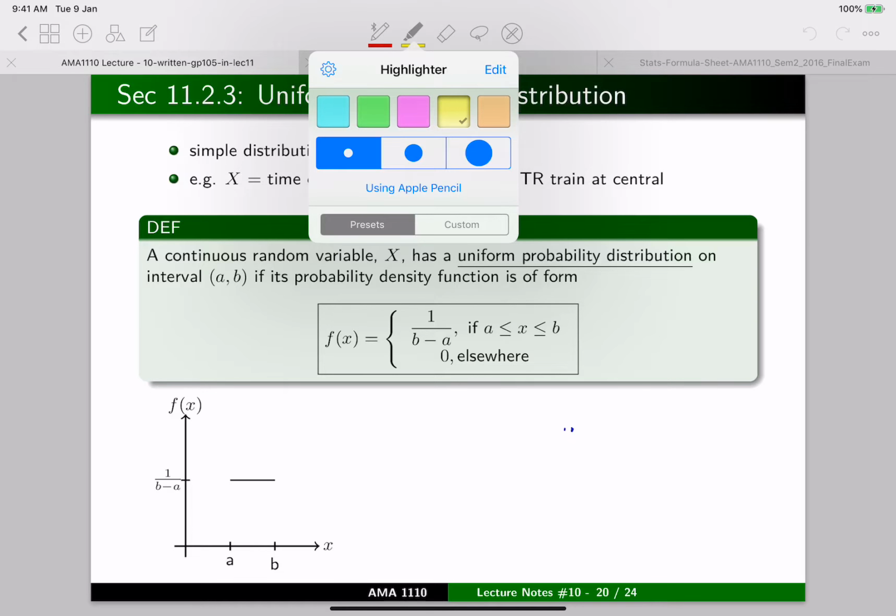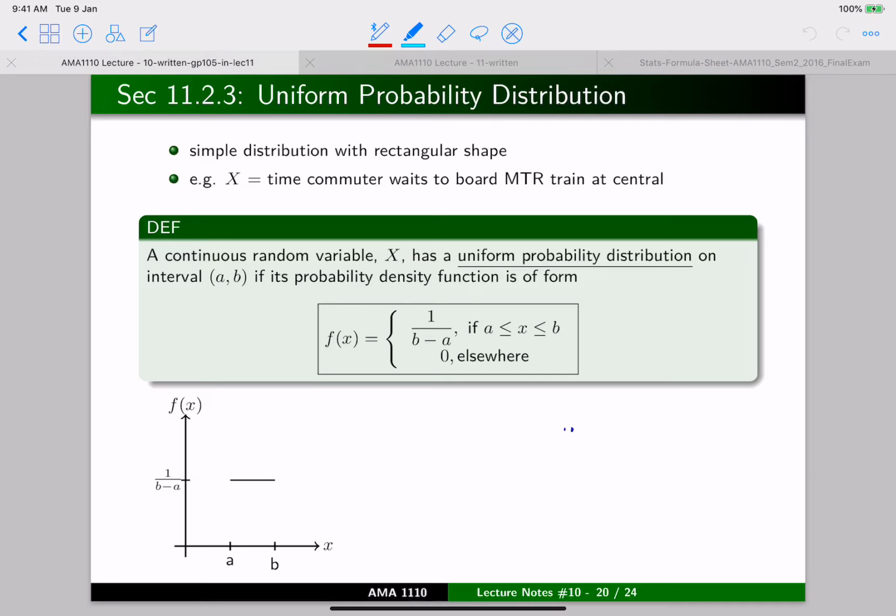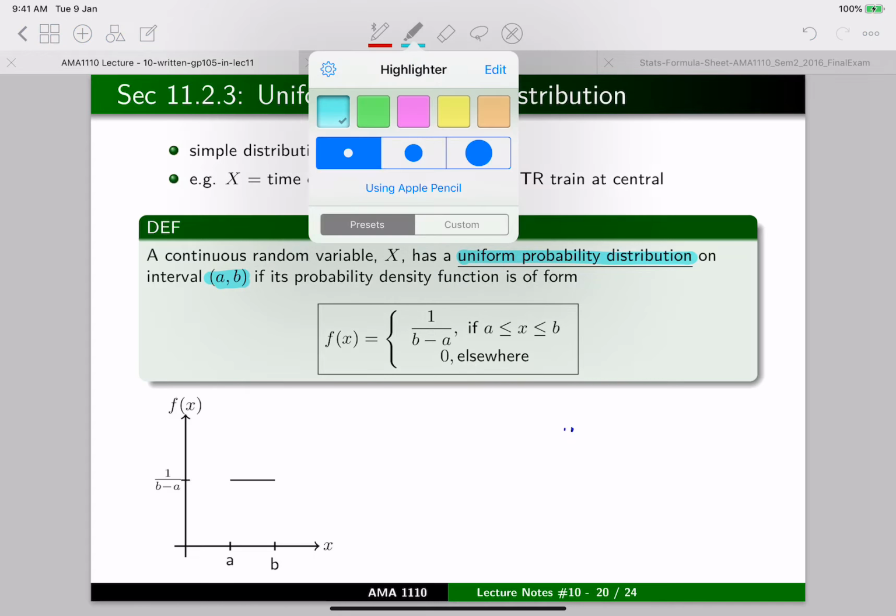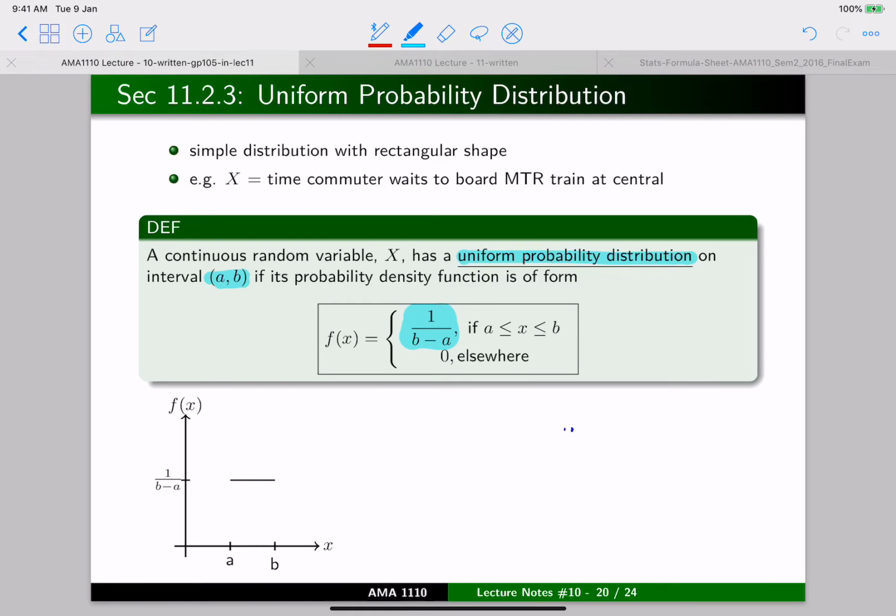A continuous random variable has a uniform probability distribution on the interval [a, b] if its probability density function is the following piecewise function: 1 over b minus a for x in between a and b, and 0 otherwise. So it just looks like a rectangle, and it's 0 elsewhere.